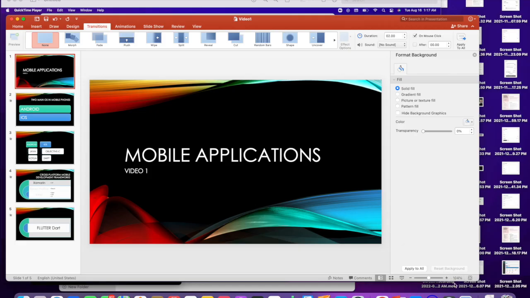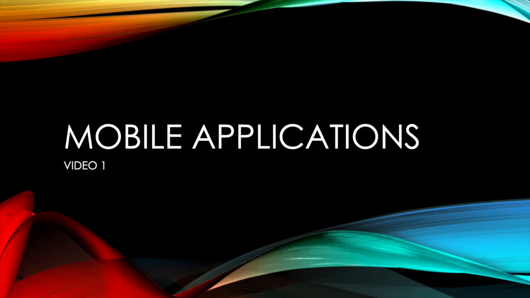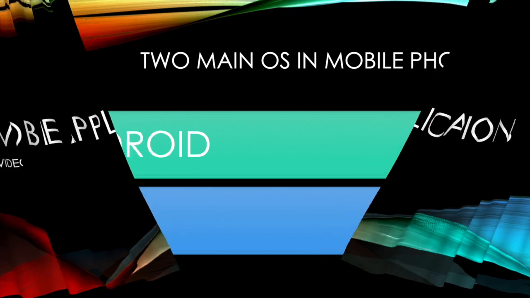So okay, in mobile application, we are going to talk about which programming language you can learn to develop mobile applications. So nowadays there are two main OS. You can ask yourself, what is OS? It's a good question. OS is operating system.